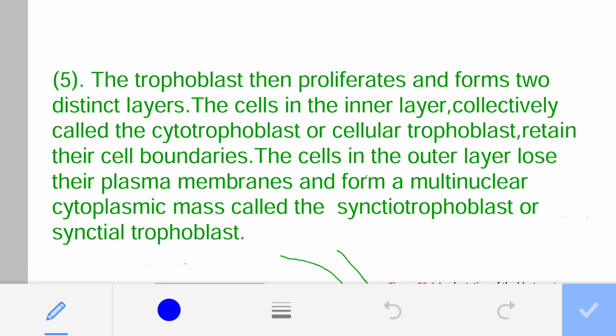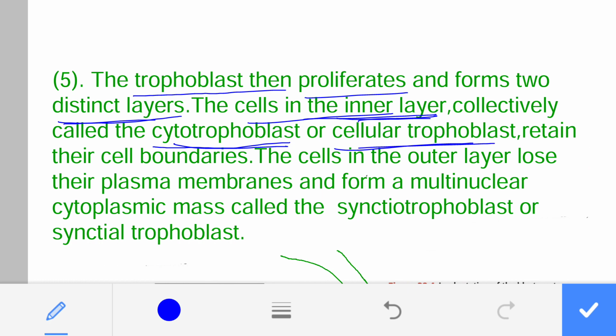As you can see, the trophoblast is proliferating now, and it is producing two distinct cellular layers. The cells which are present inside, that is the inner cellular layer, are known as cytotrophoblast or cellular trophoblast. These cells have cell boundaries.